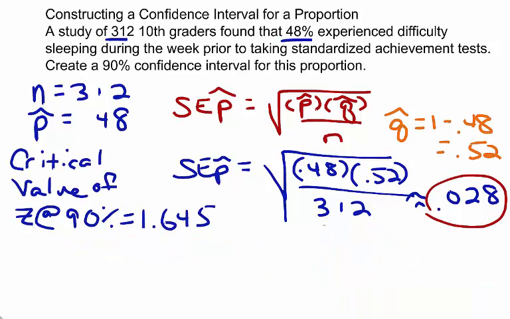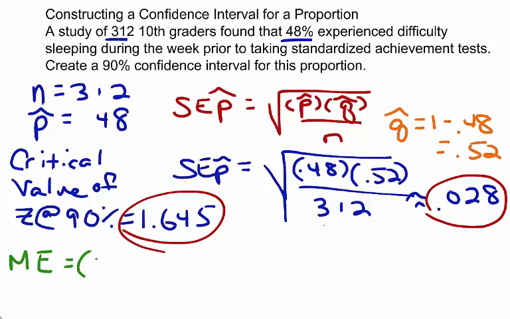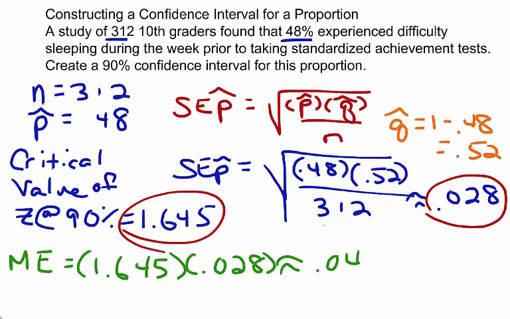Using our standard error for p hat and our critical value of z, we'll construct our margin of error. So the margin of error equals 1.645 times 0.028, and that results in a margin of error of 0.046.